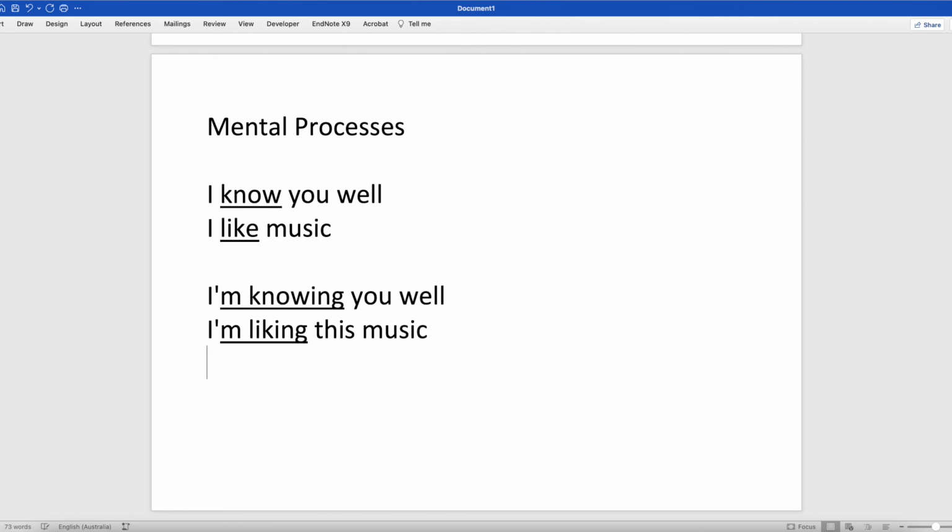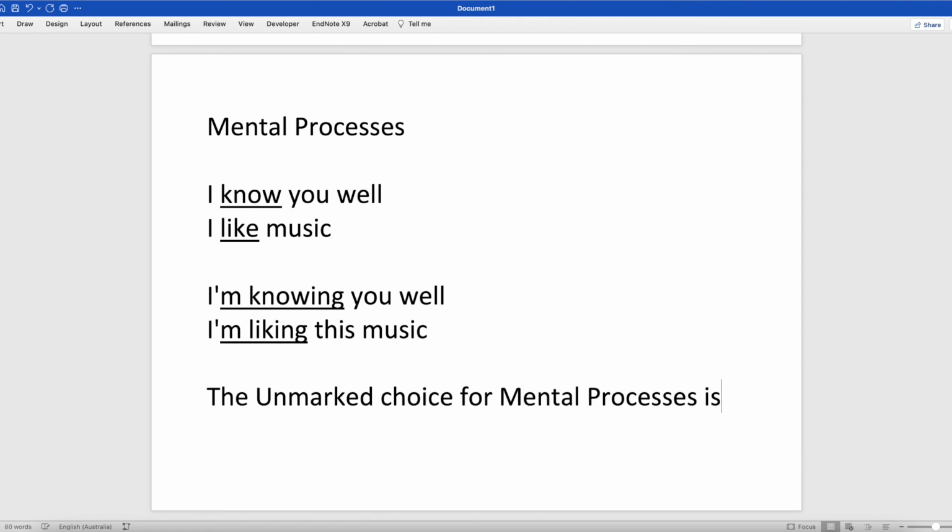So going back to marked and unmarked, what would the unmarked choice for mental processes be, given these examples on the screen? The unmarked choice for mental processes is the simple present or the present progressive.